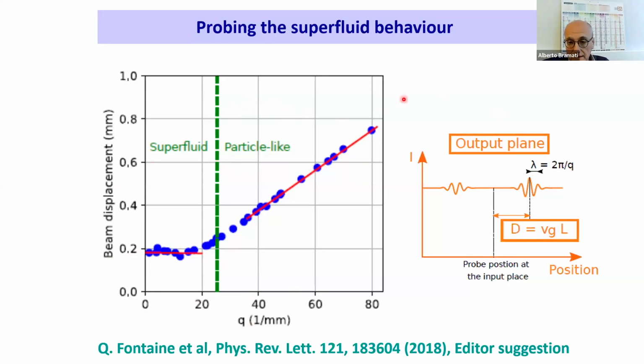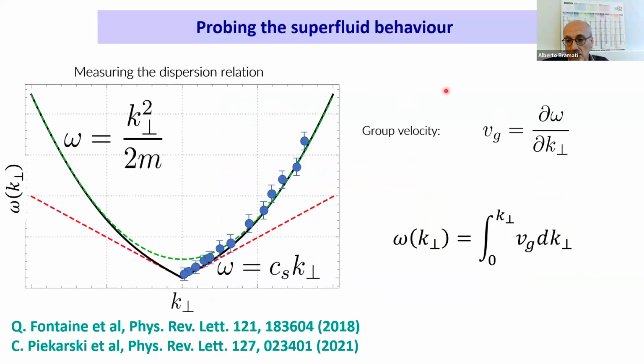From this measurement, remembering that the group velocity is given by the derivative of omega with respect to the wave vector k in the transverse plane, it is very easy to reconstruct the Bogoliubov dispersion just by integration.